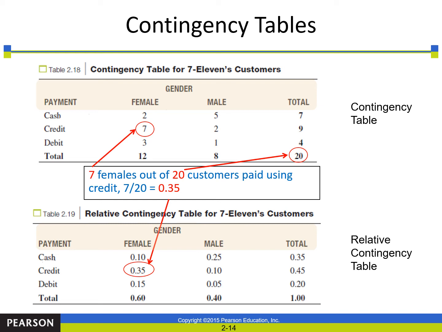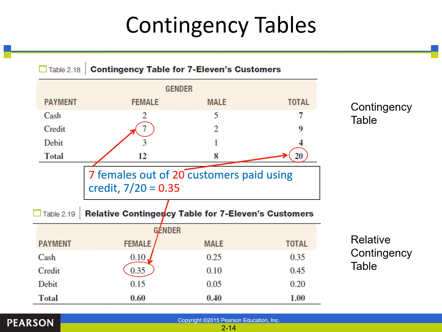So for example, this number 7 that's highlighted represents the number of female customers that paid with a credit card in this sample of 20. Similarly, number 1 represents the number of male customers that paid with the debit card. And you can see that the numbers on the bottom represent the totals, right?